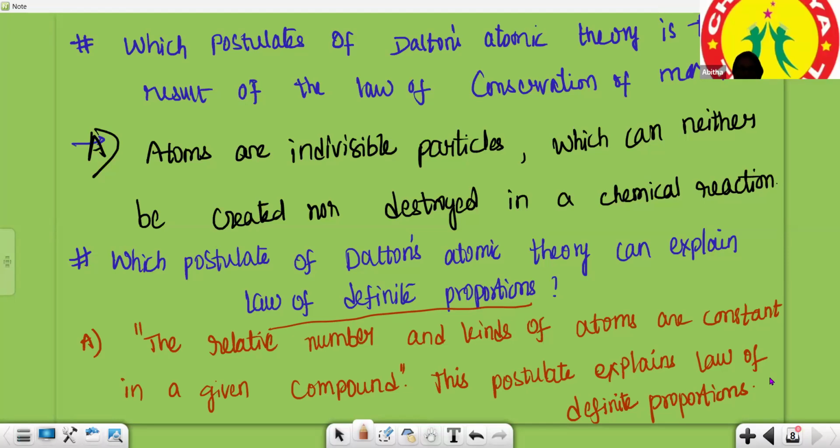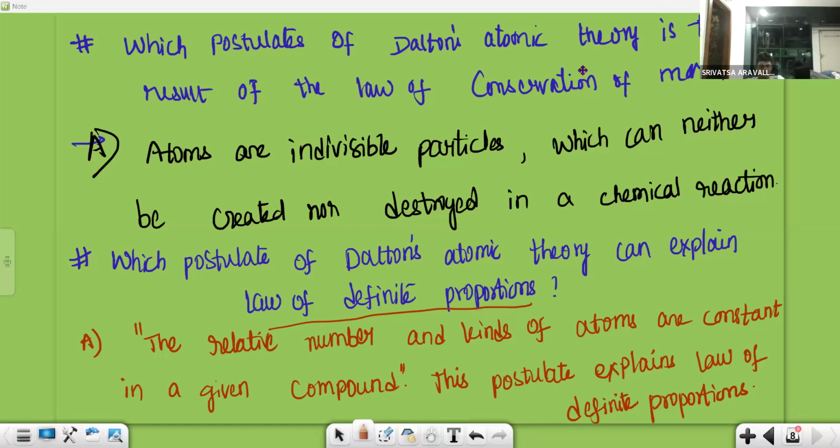Atoms are indivisible particles which can neither be created nor destroyed in a chemical reaction.